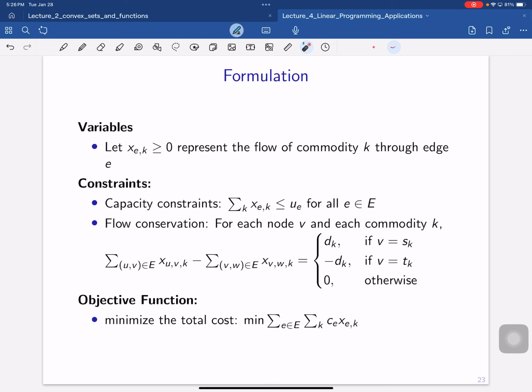And if it's an intermediate node, what goes in minus what goes out should be equal to 0, right? So this is essentially what this constraint is about. You can read a little bit of detail into the index of those variables. And at the end, you want to minimize the total transportation cost, right? So that should be quite a simple problem.